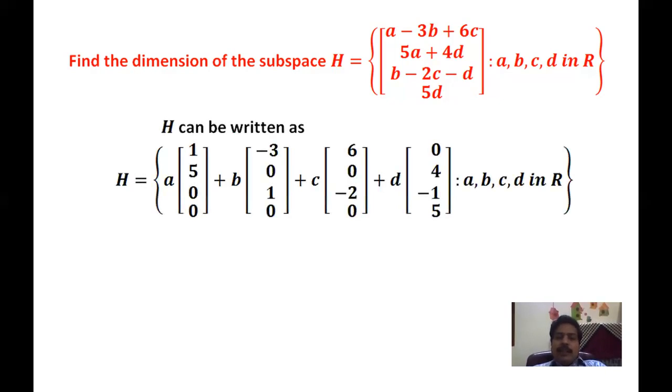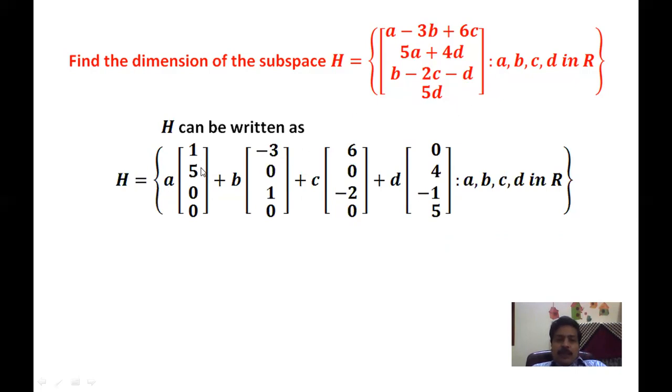So this H can be written as, we can take the common elements out. So A times, here it is 1 time A, in the second row it is 5 times, and in the third and fourth rows A is missing.